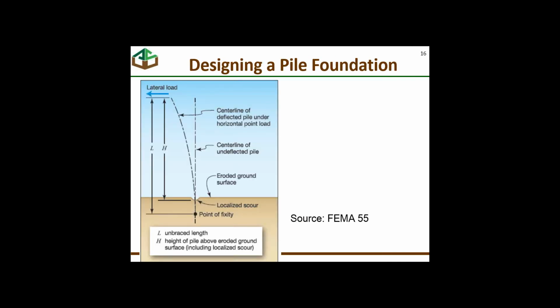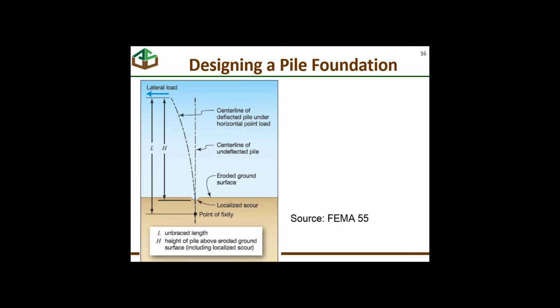When we design a pile, we take that lateral load at the top that you see here in this graphic, and we basically treat the pile as a single cantilever beam. And so it deflects like you see in the deflected shape, and the point of maximum moment, the point of fixity of the pile, is some distance below the surface.